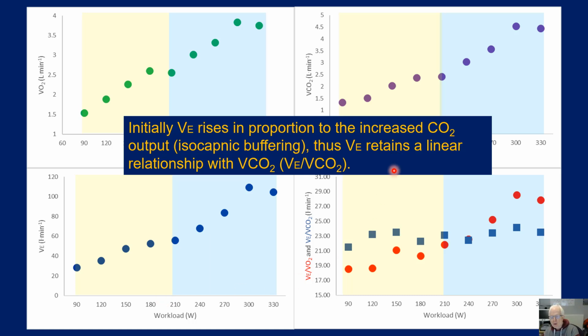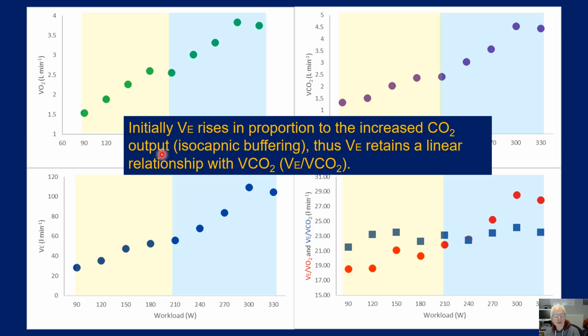But now remember that at the lactate turn point, the reason you get this uncoupling between VO2's linear response to workload and CO2's suddenly non-linear response to workload is the second source of CO2.